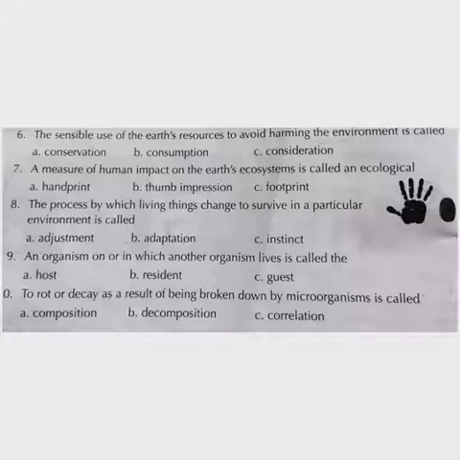Decomposition is the first stage in recycling nutrients that have been used by an organism to build its body. Organism means plants or animals. So here decomposition is the answer. Understood?